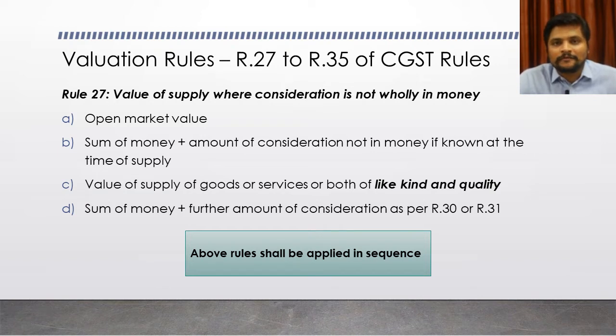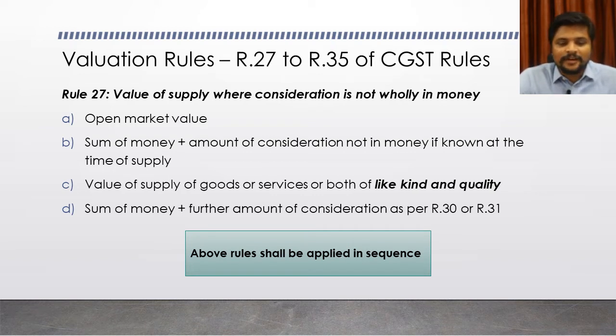If you know the value of that particular product which you are giving as consideration other than money, and it is known at the time of supply itself, then you will have to take the whole value as the amount of money you are paying plus the value of the product which you are giving in replacement of money. Those two have to be added, and that will be called the value of supply. Okay, if this is also not applicable, then you will have to go to subclause C.